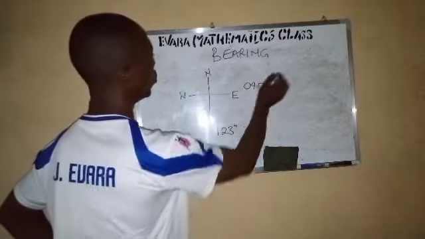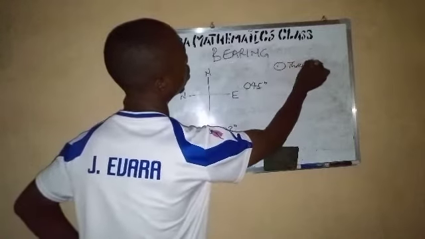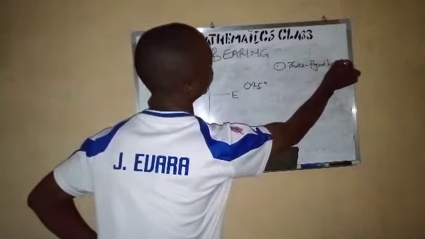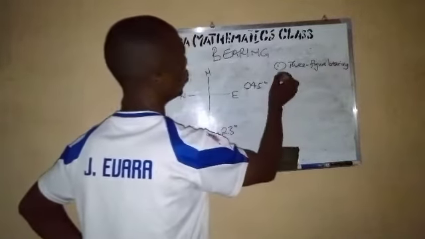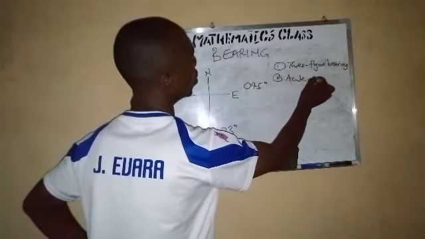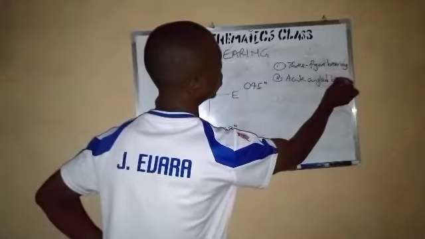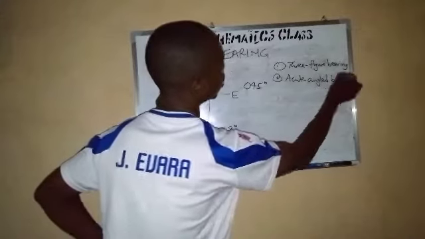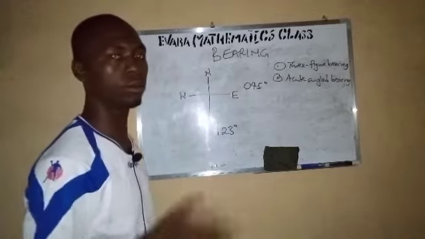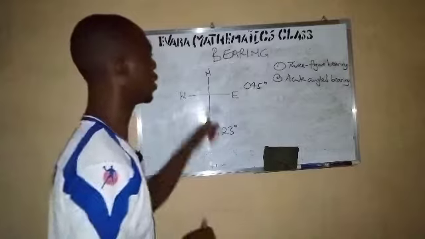So the 2 types we have are the 3-figure bearing and the acute-angled bearing.